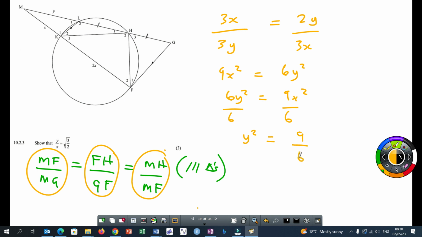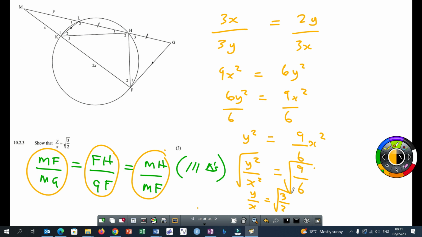So I'll divide both sides by x squared. If I divide both sides by x squared, I'll get y squared over x squared is equal to 9 over 6. But I know that this one here is going to be equal to 3 over 2. So this is the same as y over x is equal to the square root of 3 over 2, which is what you got.